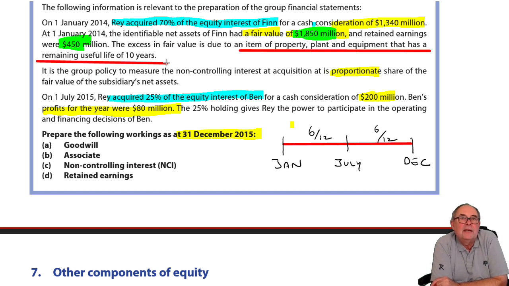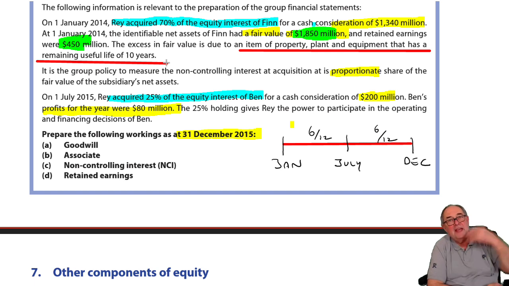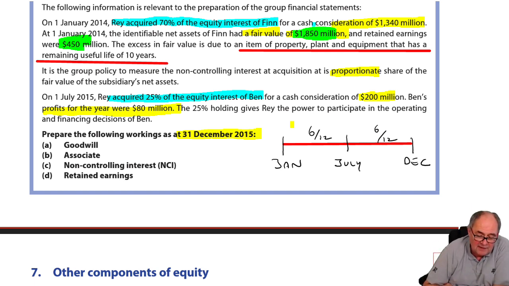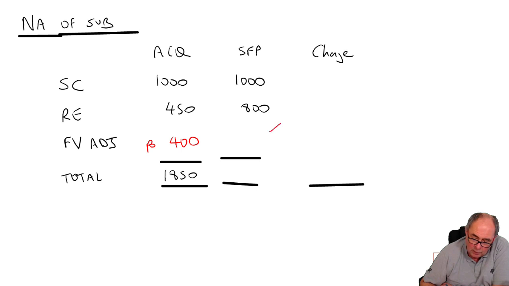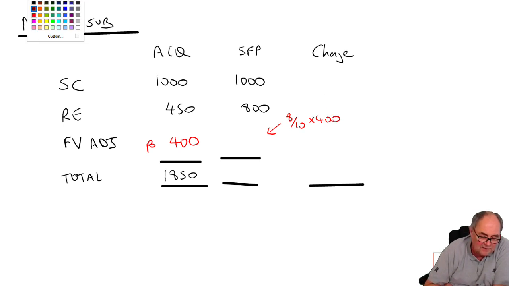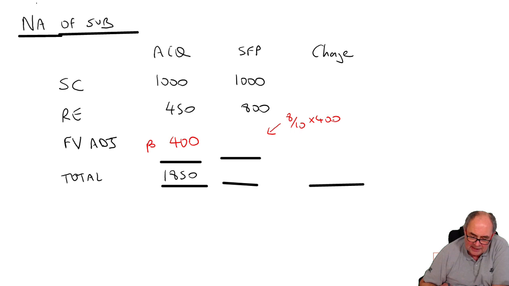So I bought this company 2 years ago. It's now the 31st of December 15. So that asset will have depreciated away. Its life was 10 years. At the balance sheet date, there are 8 years left. So the depreciated fair value in the balance sheet now will not be 400. It'll be 8/10 of 400, which is 320.